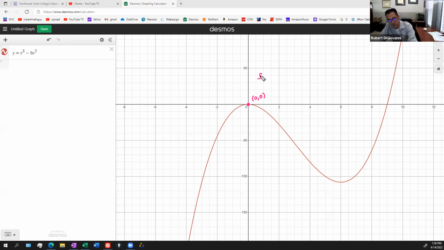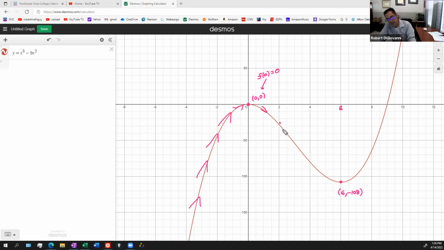That's the same as us saying when you plug 0 into the function, you get 0, right? At that point, we have a local maximum. And then when we go to 6, right, that's this point here. This is 6 and then negative 108. And that's a local minimum. Notice that we're going up over here, increasing until we get to 0.